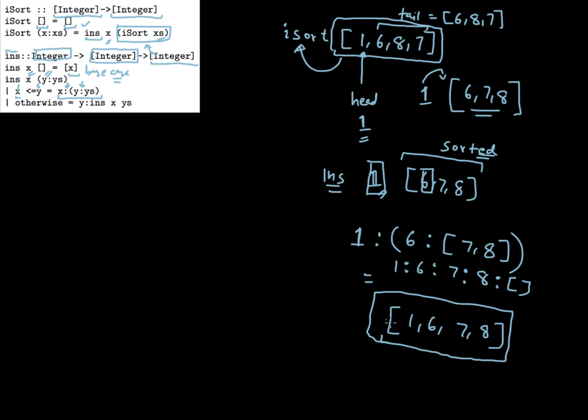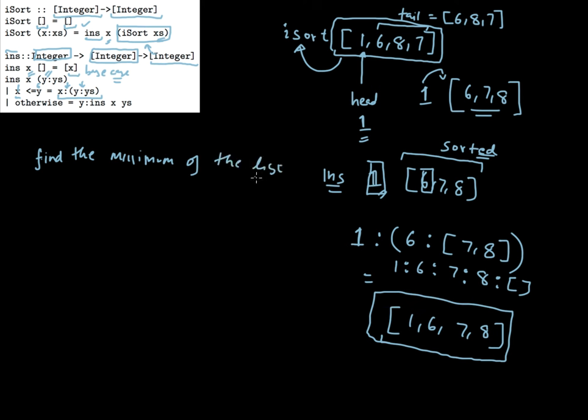Now, at least in the second part, we're going to look at the same problem of iSort, but what I'm going to say now is we're going to find the minimum of the list.